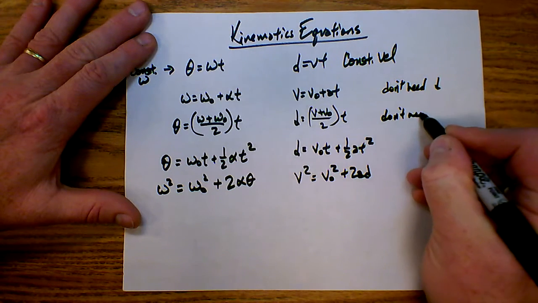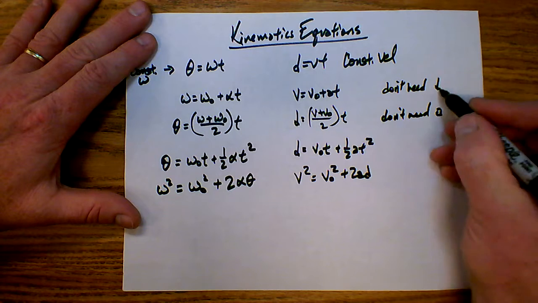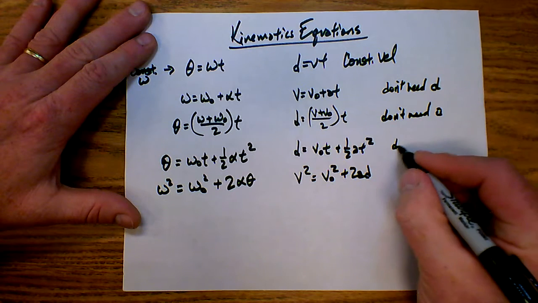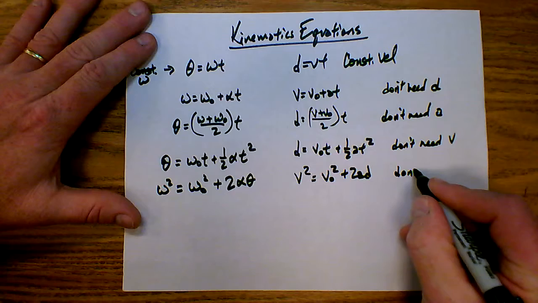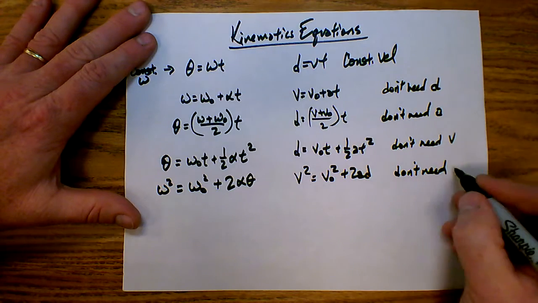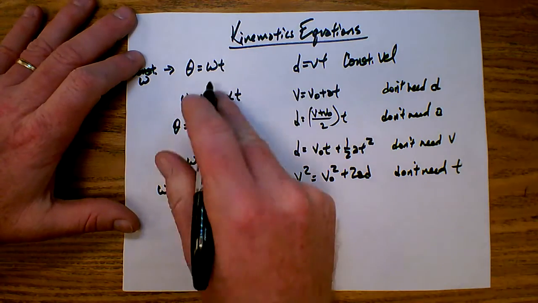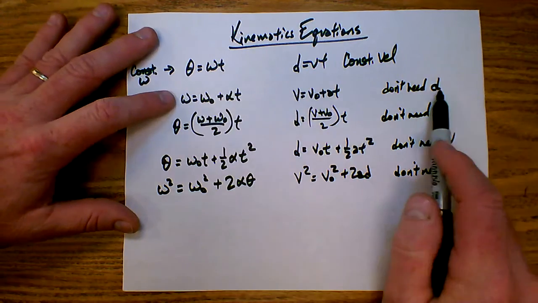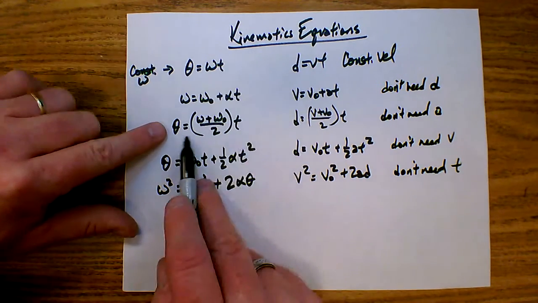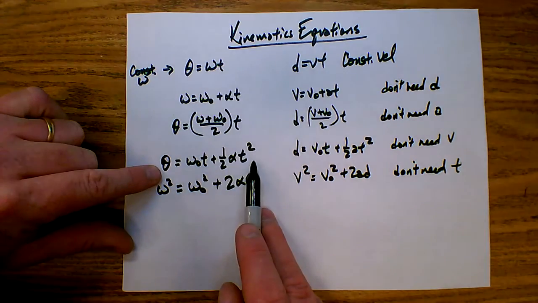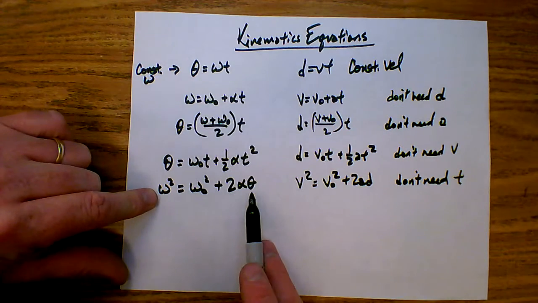This is the don't need a equation. This one is the don't need v, and this one is the don't need t. Similarly, same thing with the rotation. So instead of don't need linear displacement, this one I don't need angular displacement, don't need theta, don't need alpha, don't need omega, and this one is still don't need time.